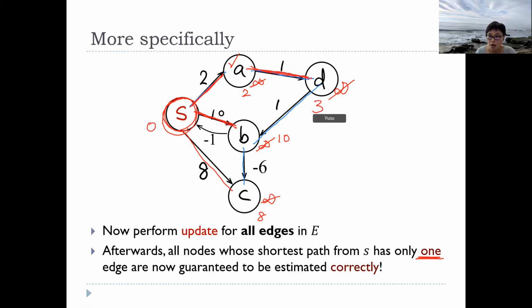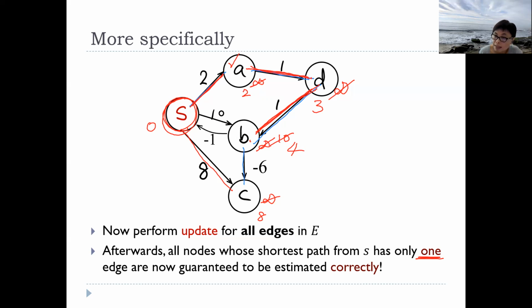Now next I do DB. Interestingly, when I do DB, I found a better way to reach B, which is 3 plus 1, which is better than my 10 before. That means that now this is my predecessor. I found a new way to reach B, and the old one is not anymore. Now I do an update on edge BC.